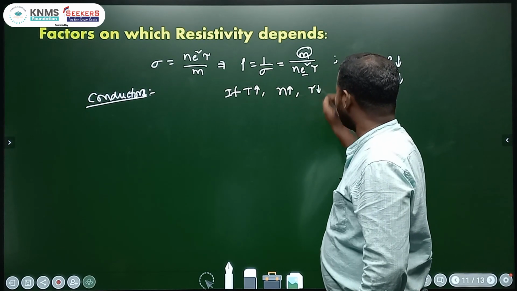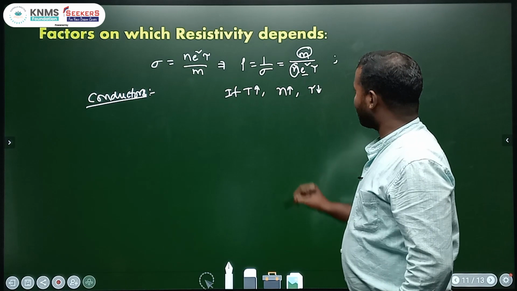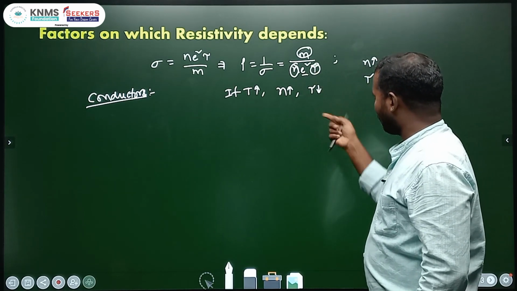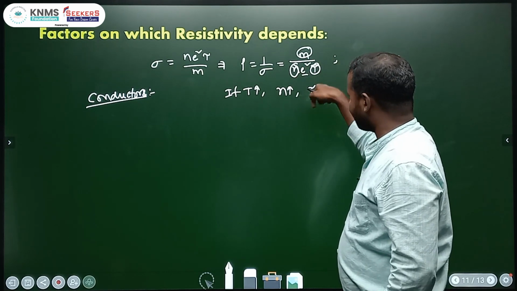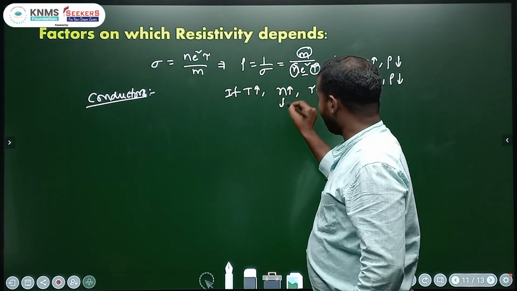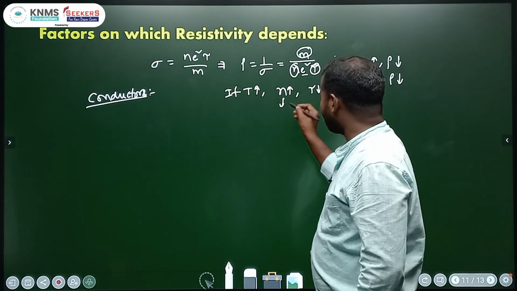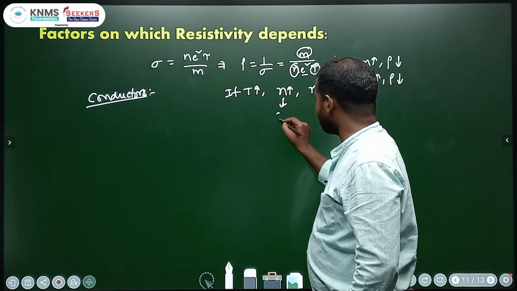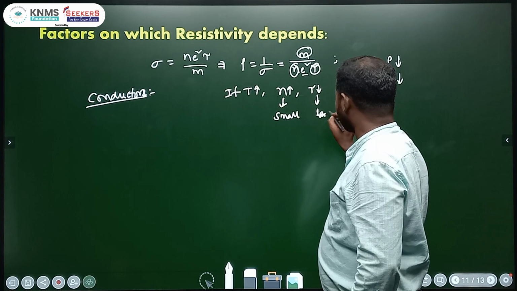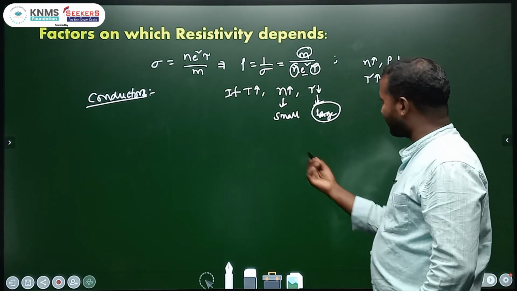Tau will be decreasing. Now you can see that both the number of free electrons per unit volume and tau are in the denominator. If one is increasing, the other is decreasing. In the case of conductors, even though the number of free electrons is increasing, that change is small compared to the change in tau. So the tau effect will dominate in conductors.